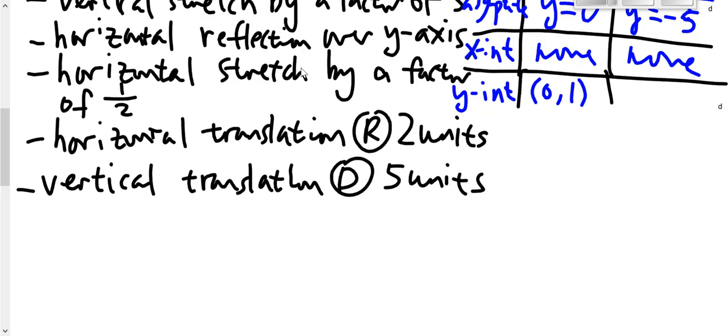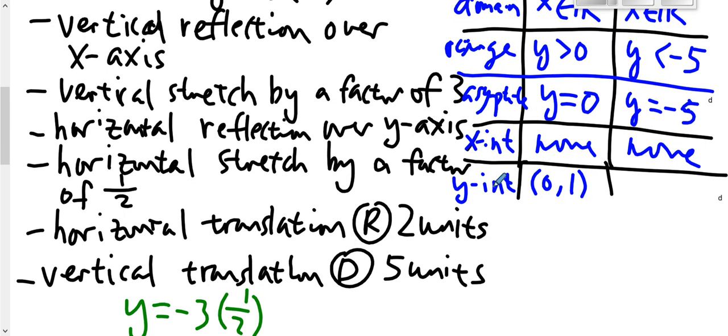So if you look at this one here, let's use this color. y equals -3 times 1/2, and in this case, x is 0.